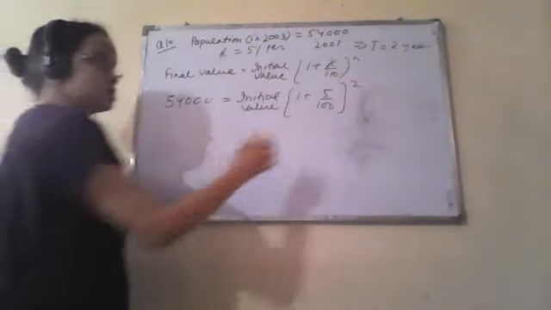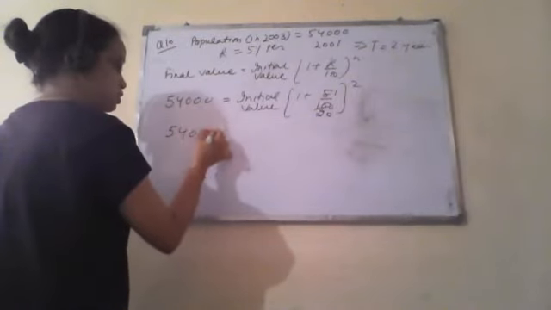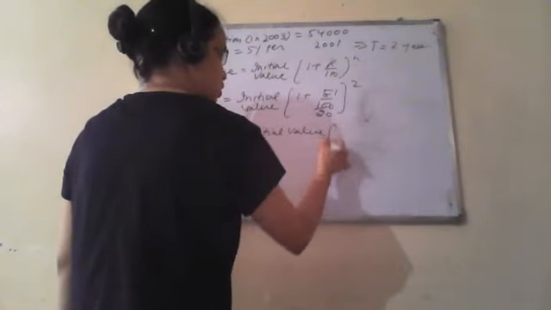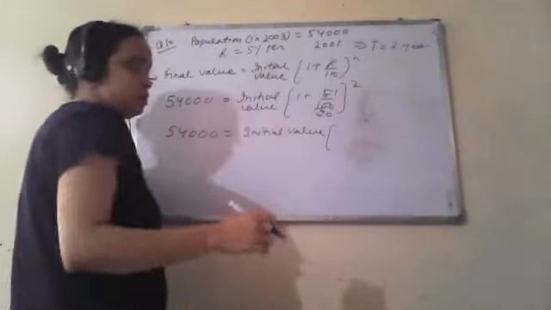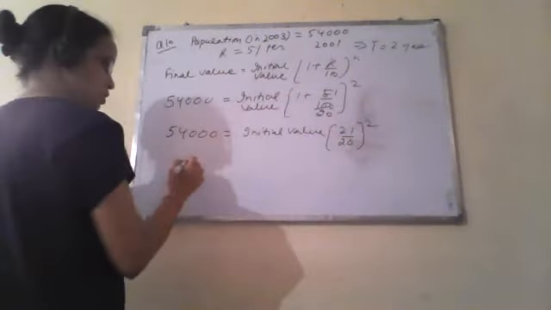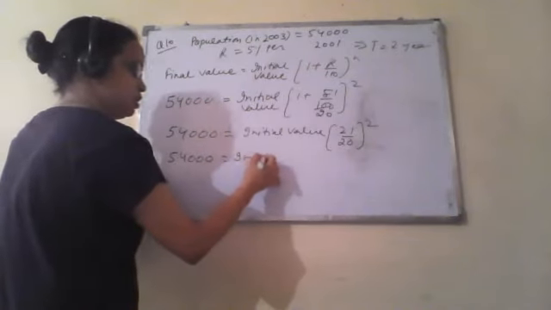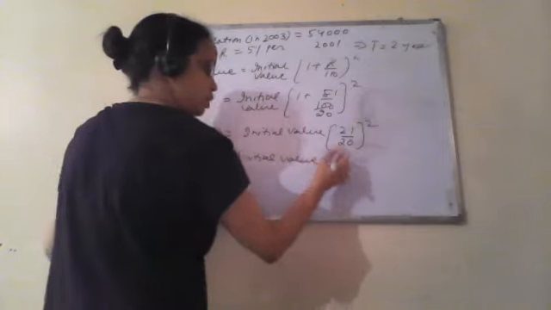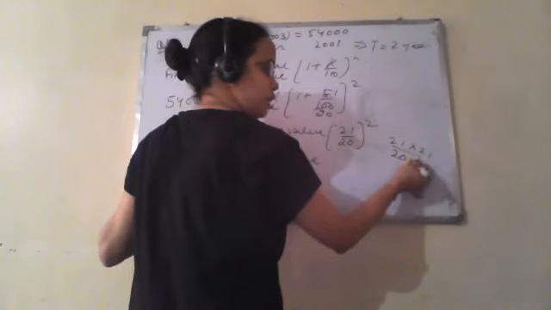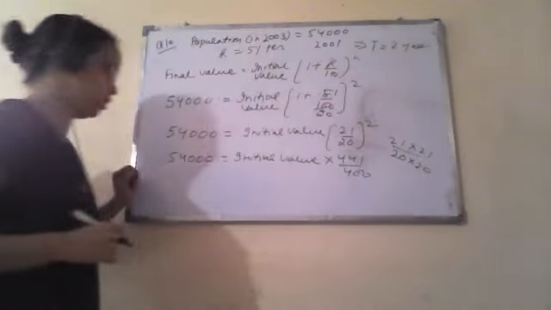So 54,000 equals initial value into 1 plus 1 upon 20, which is 21 upon 20. This is 21 into 21 upon 20 into 20. This is 441 upon 400.